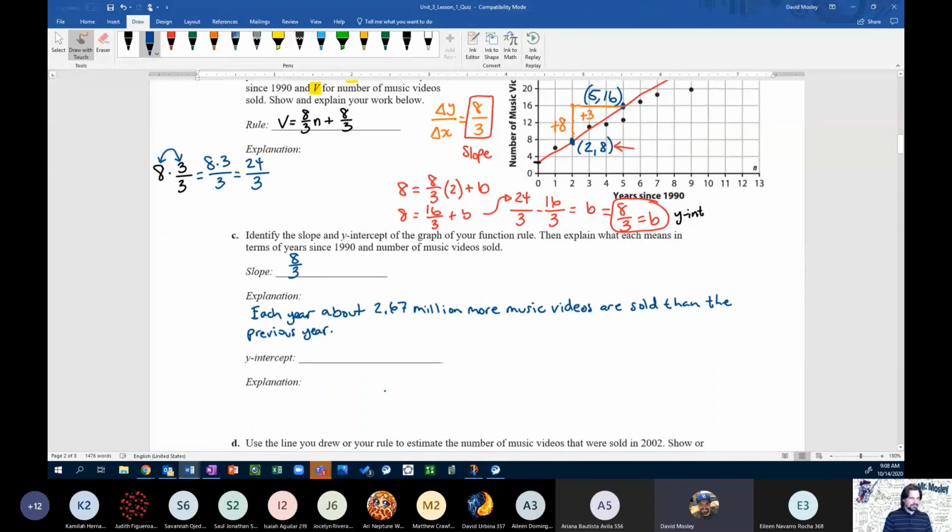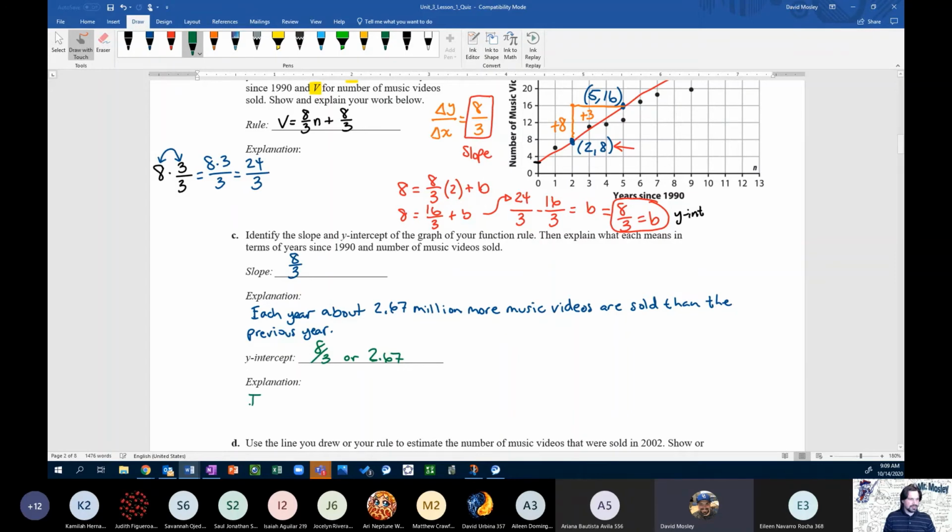Then lastly, the y-intercept, which we also found was 8/3, or you can say 2.67.